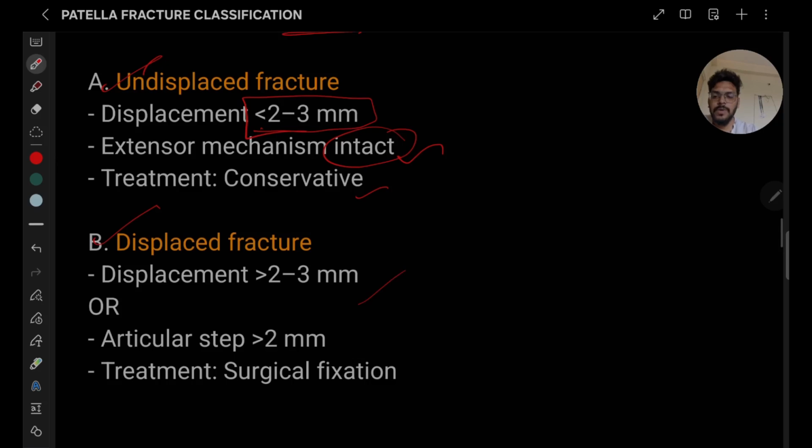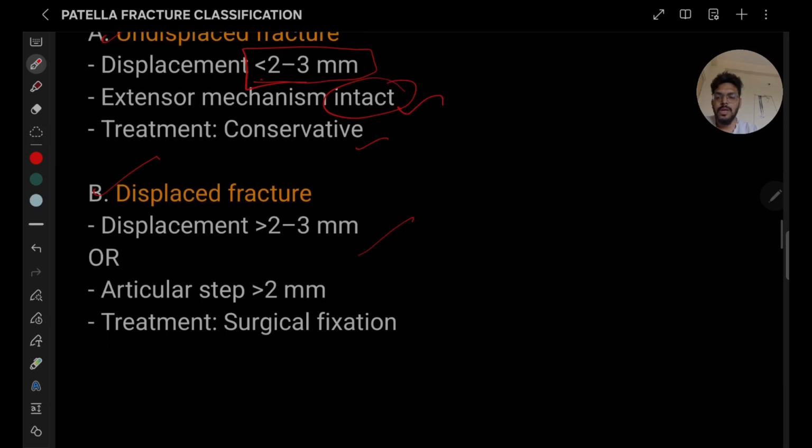A displaced fracture is when the displacement is more than 2 to 3 mm and there is an articular step of more than 2 mm. What is this articular step? If you can see in the skyline view, this is the normal. Here is the articular area.